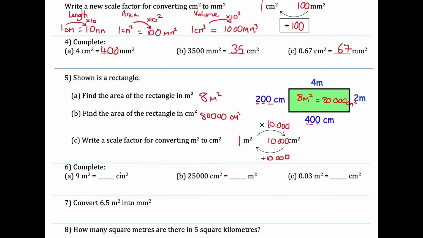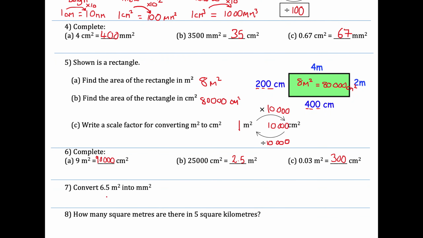Okay, so 9 square metres is 90,000 square centimetres. 25,000 square centimetres, if we divide by 10,000, that would be 2.5 square metres. And 0.03 square metres, if we times by 10,000, this 3 is going to move 4 times. 1, 2, 3, 4, it'll be in the hundreds column, so that's 300 square centimetres.